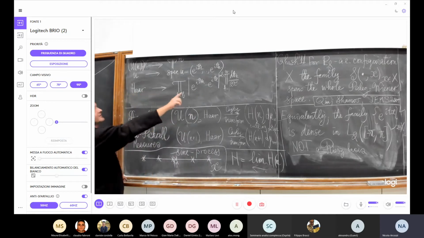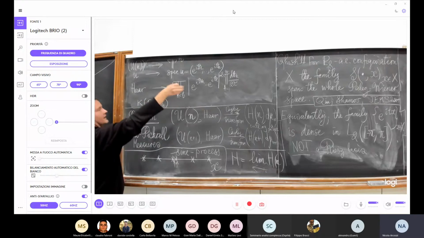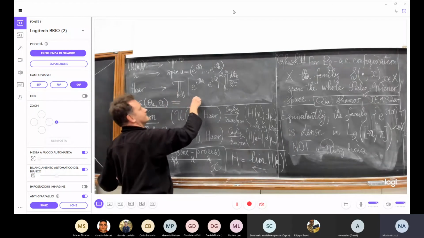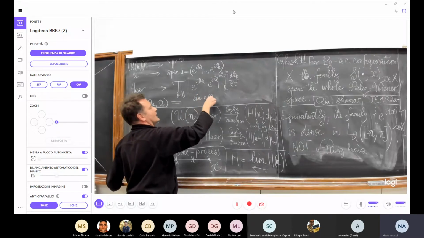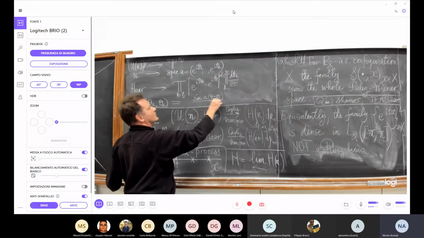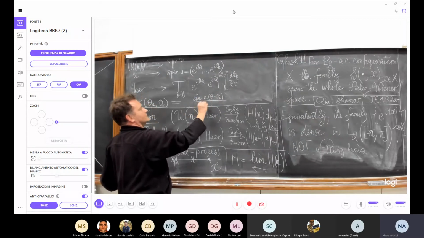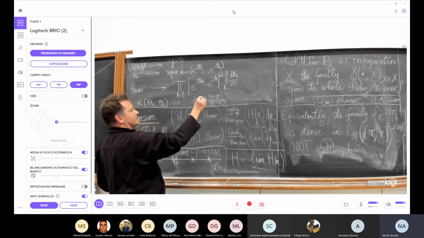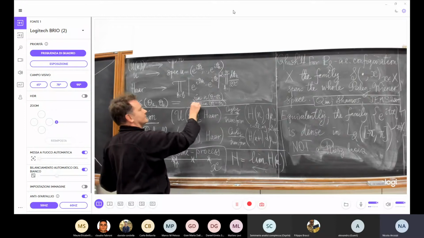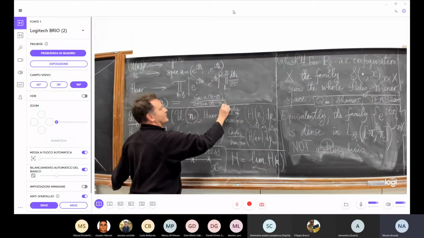So the kernel of this space, the kernel K of theta 1, theta 2, let me write it in additive notation, will be sine n (theta 1 minus theta 2) over 2, over sine (theta 1 minus theta 2) over 2, and there is a 2 pi.